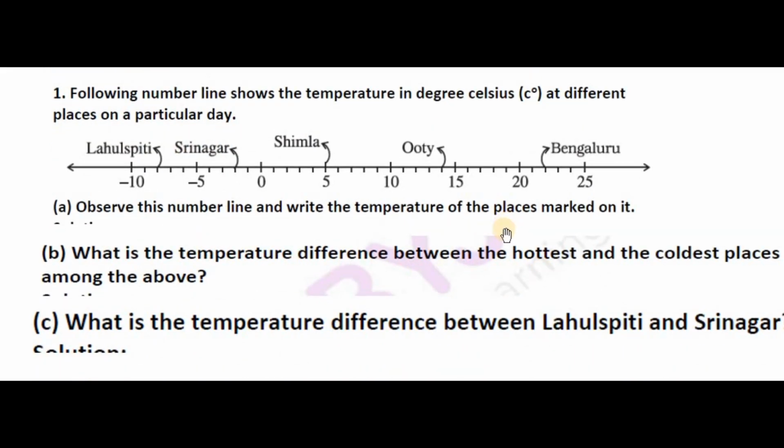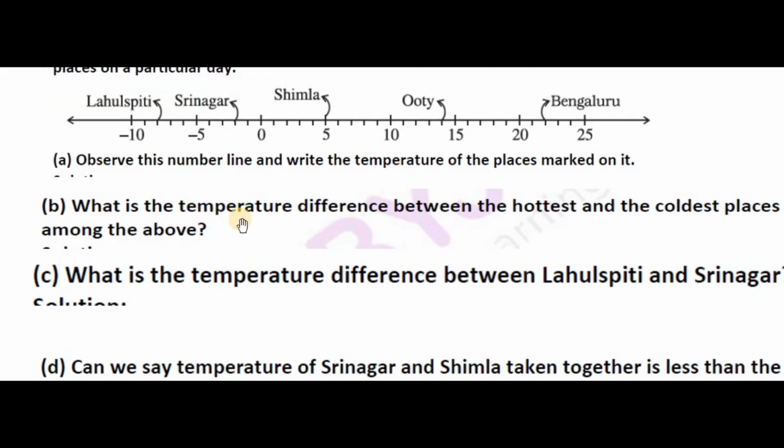So he asked us to write what is the temperature difference between the hottest and the coldest places among the above. So the hottest is nothing but 22 degrees Celsius, and the coolest is minus 7 degrees Celsius. So he's asking the difference.